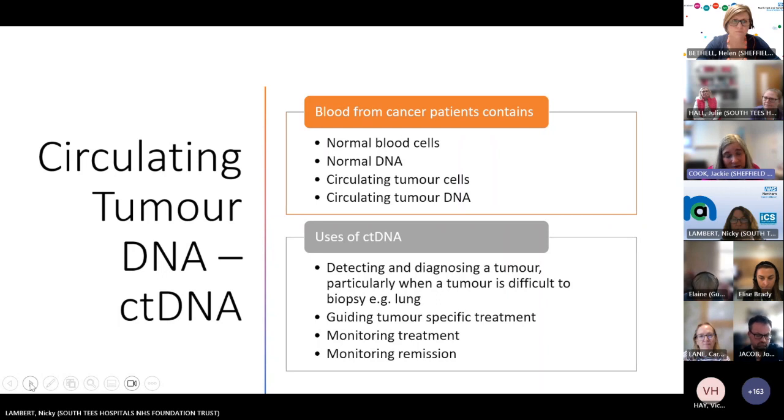In theory, it has a huge amount of potential. But how are we going to get that to work in the NHS when we're all under such a huge amount of pressure, just dealing with the day job and the cancers that are coming in? I don't know. It's best at picking up advanced cancer, of course, because that's when you have the most damaged DNA within the blood.